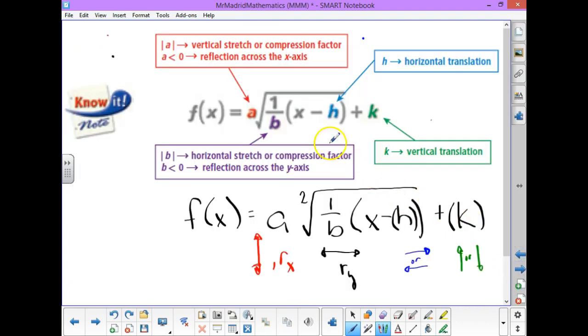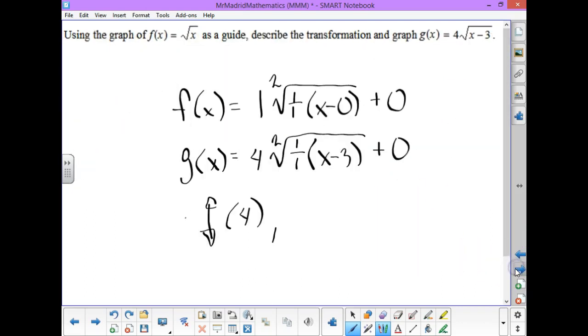What does h do? h is a horizontal translation. Now it comes after the minus, so if this is horizontal, and in parentheses is h, it's a positive 3, so I would assume it goes right, 3 units. Alright, that's it. Everybody else is standard.